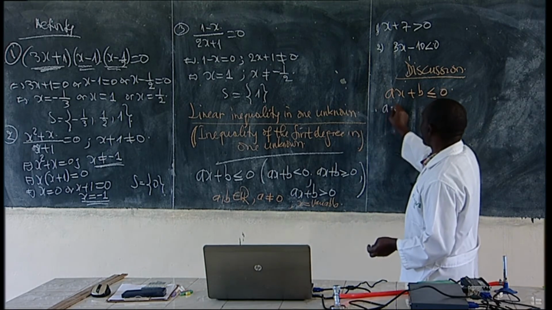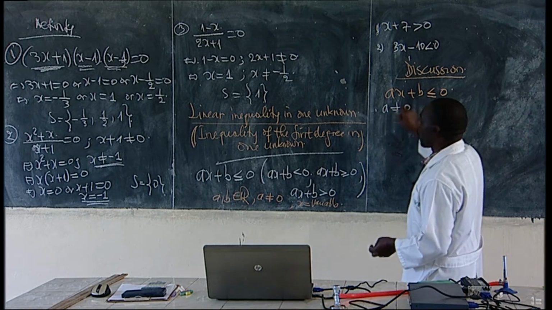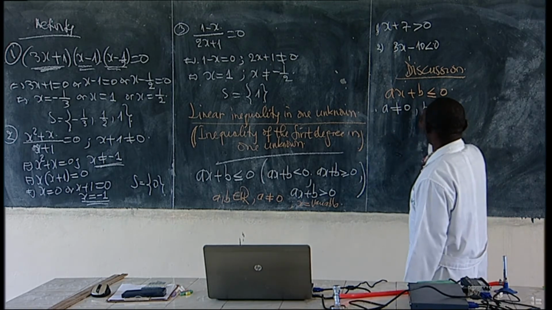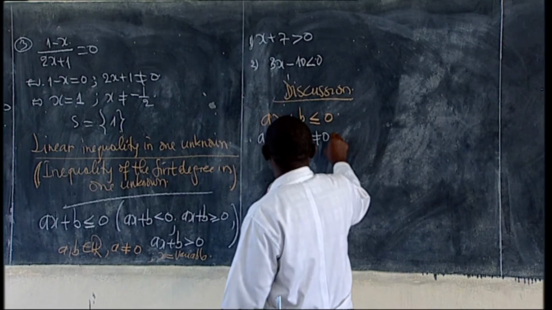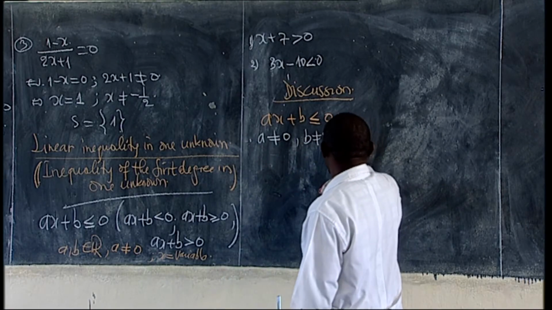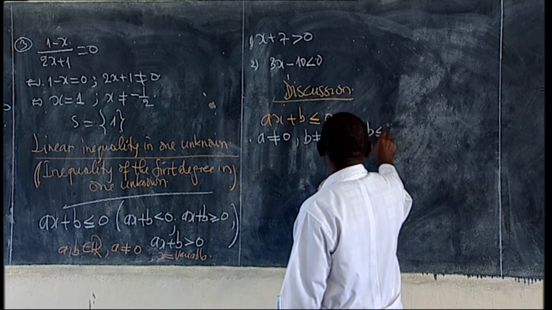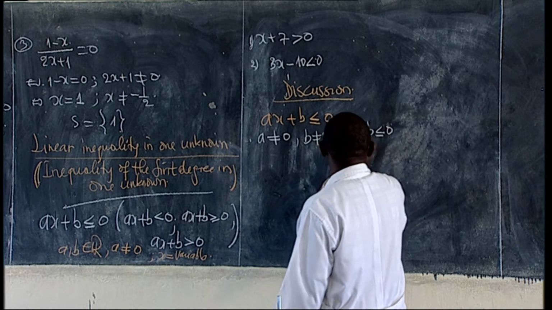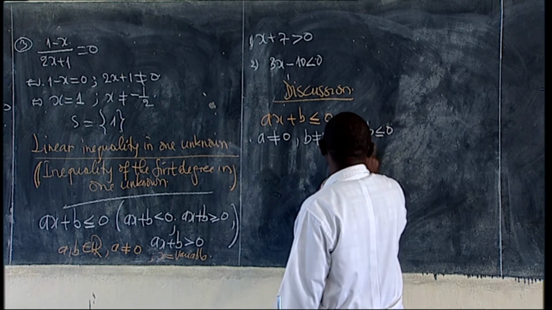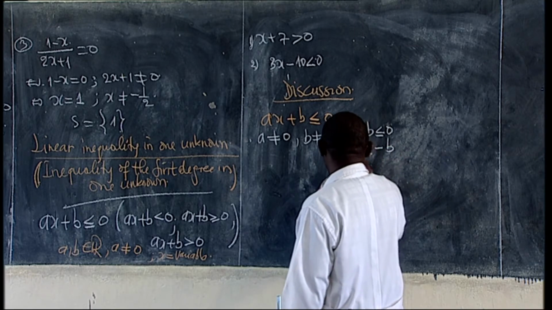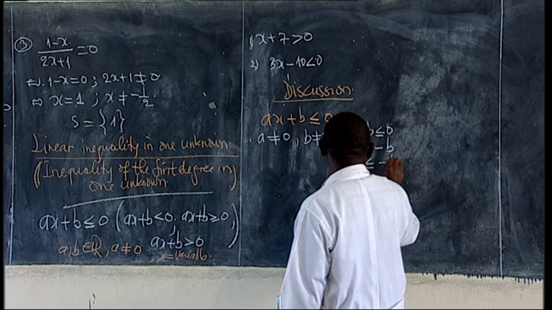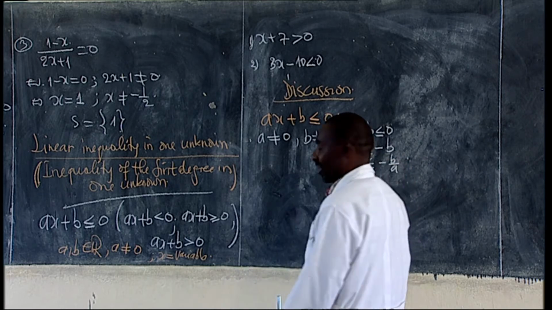In case a is different from 0 and b different from 0, of course, I have ax plus b less than or equal to 0, which means that ax is less than or equal to minus b, and then x is less than or equal to minus b divided by a.